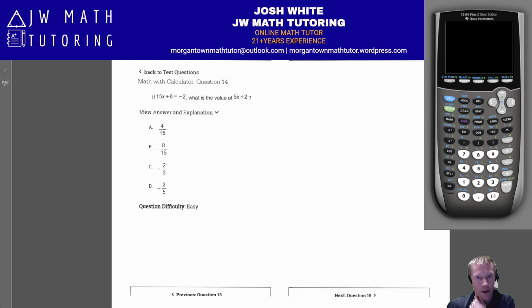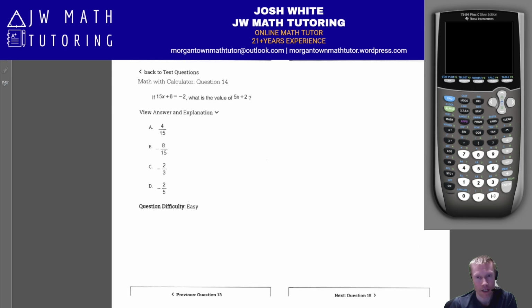All right, on this question, number 14, there are two ways you could do it. So, kind of like the shortcut way that they want you to do this, this basically involves a technique called expression matching.